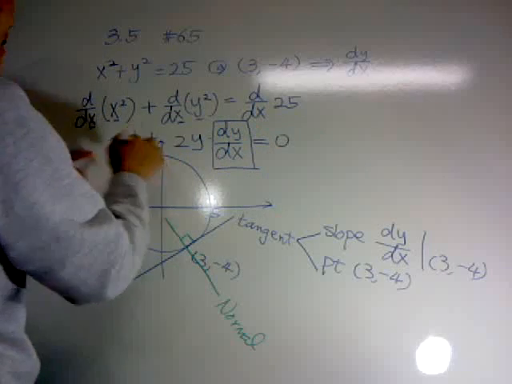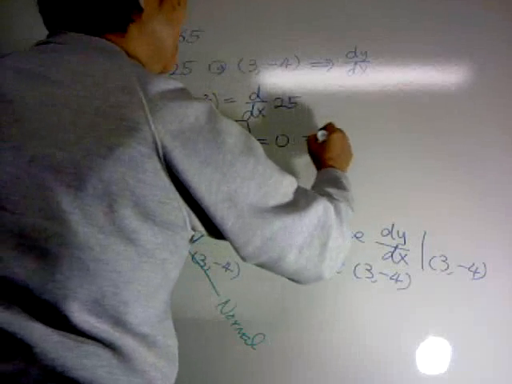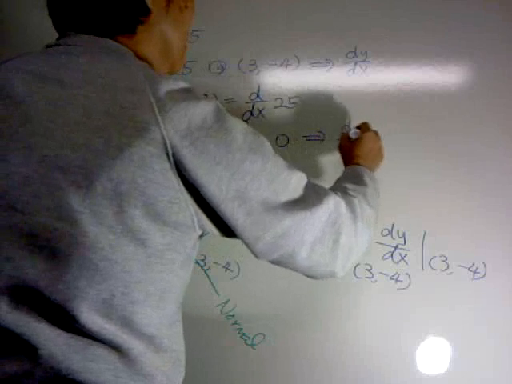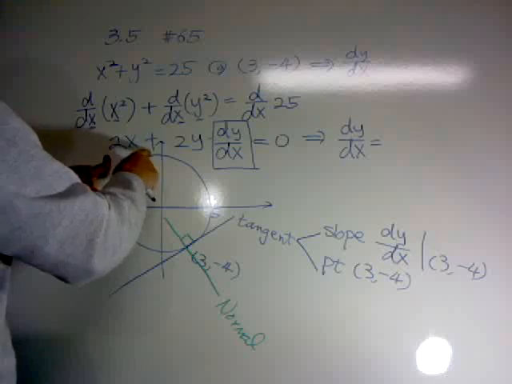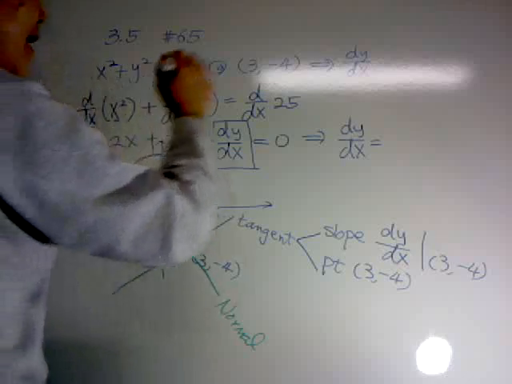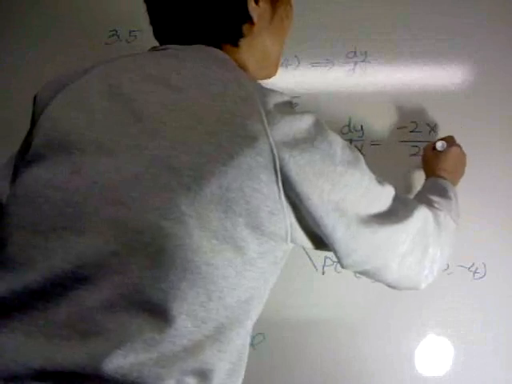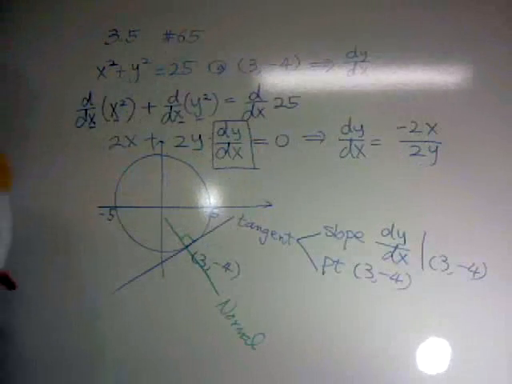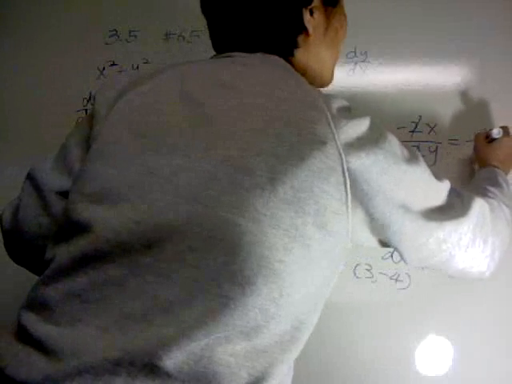So what is that? Subtract 2x from both sides. So dy/dx equals negative 2x, and then divide by 2y. So negative 2x divided by 2y. The 2s cancel, and we get negative x over y.